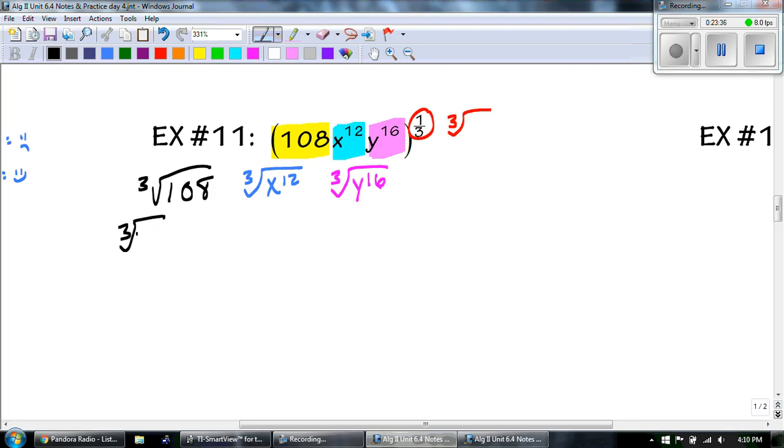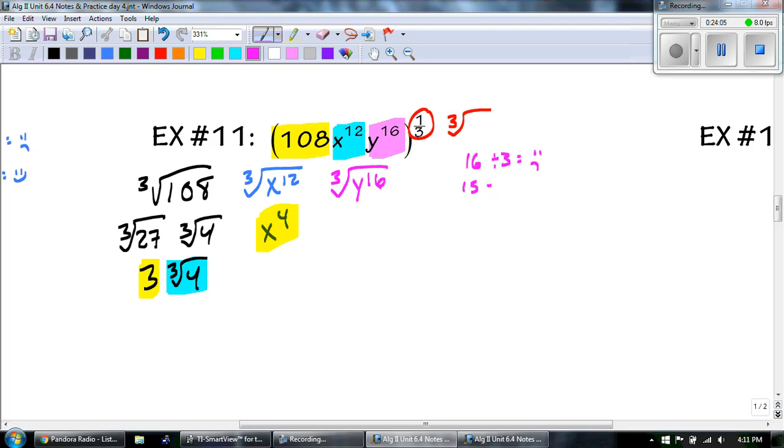So the cubed root of 27 and the cubed root of 4. The cubed root of 27 is 3. And then there's my remainder. Okay? So my simplified part, my remainder part. And now I'm going to do that for each one. 12 divided by 3 is x to the 4th. That's simplified. 16 is not divisible by 3, but my next number is.